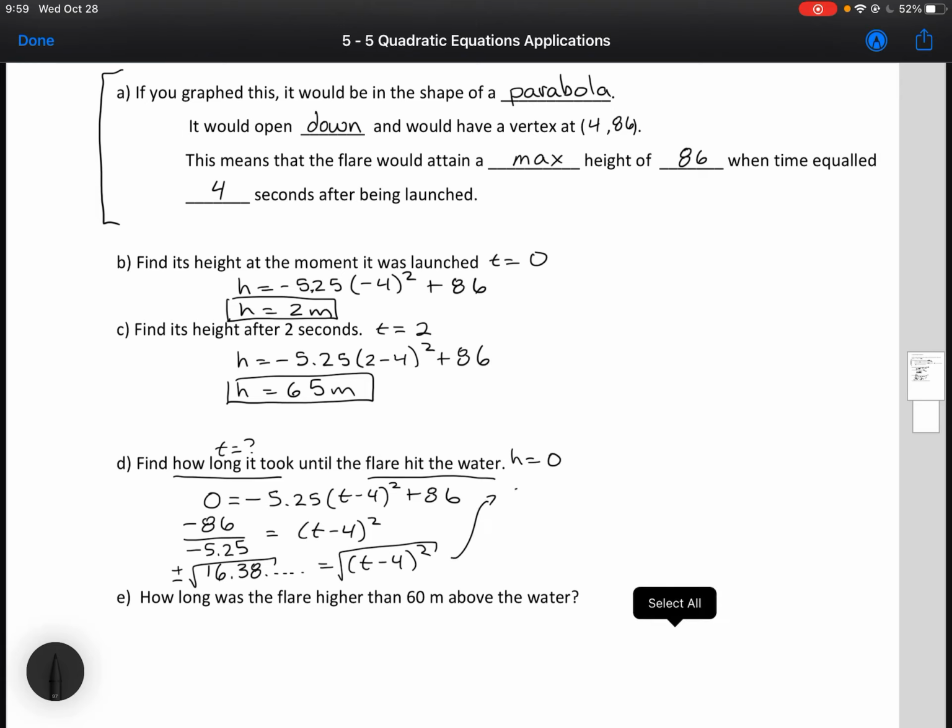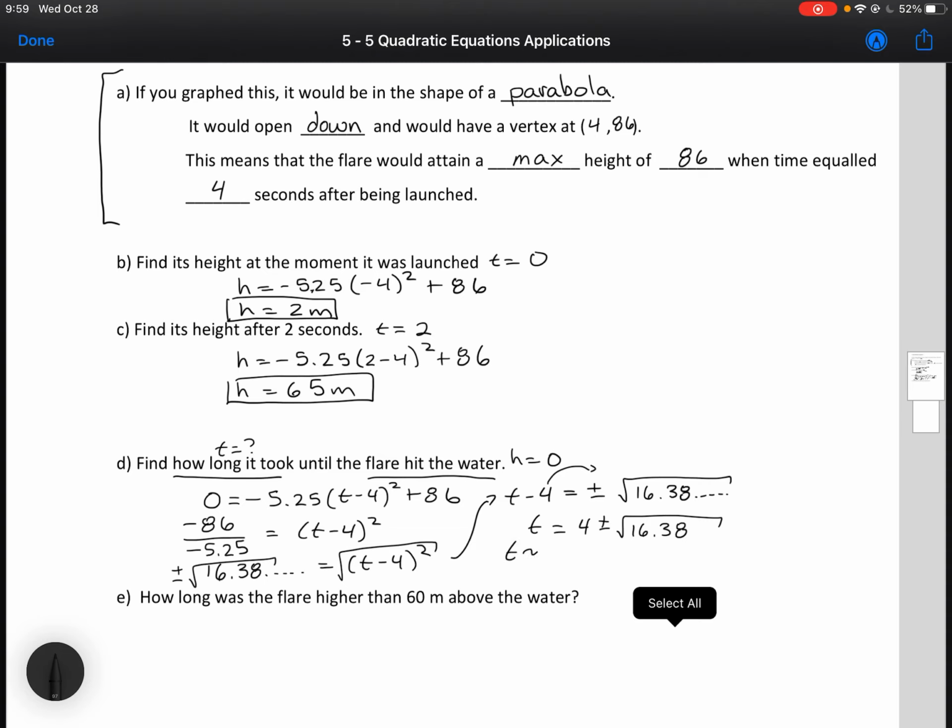So now I've got t minus 4, no square root because I undid that. On the other side, I've got plus or minus root 16.38 and then a whole bunch of decimals. So the last thing that I have to do is move this 4 over to the right-hand side. So I've got t equals 4 plus or minus root 16.38. And that is going to give me 2 answers for t.